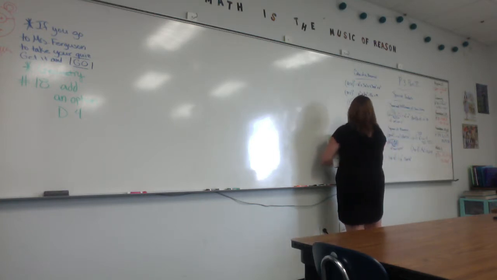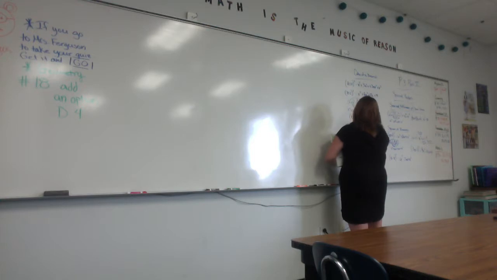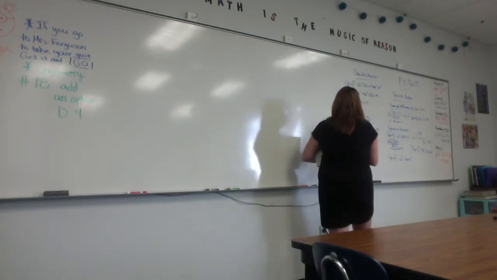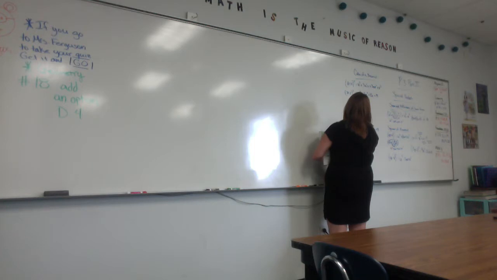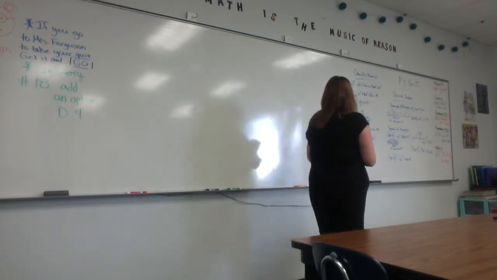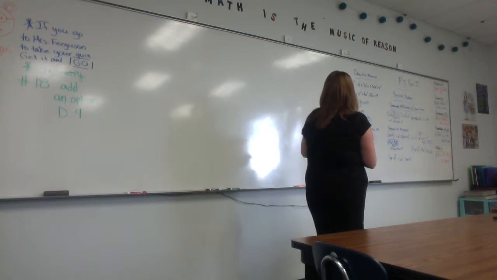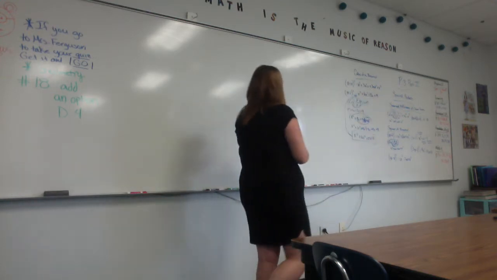And then I would combine like terms: x cubed plus 6x squared plus 12x plus 8. Same thing. This is just shorter if you know the pattern. That's for addition, for a cube of a binomial.